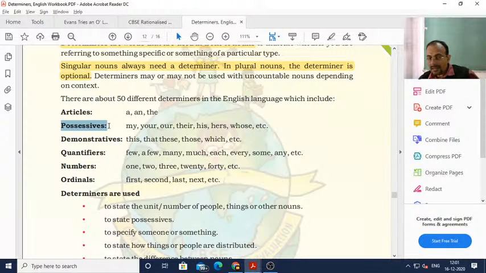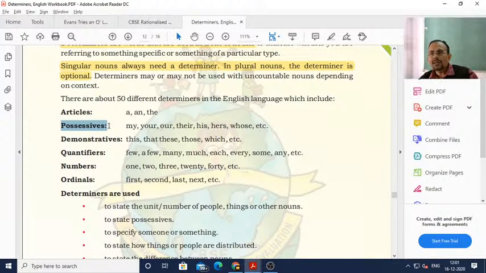Earlier, possessives came under adjectives, quite naturally, because they are normally used before the noun. All the possessives are supposed to be used before nouns, otherwise they cannot be used in a sentence.